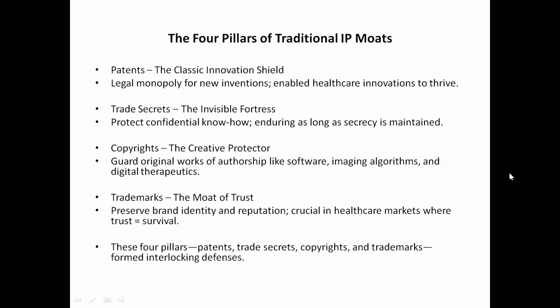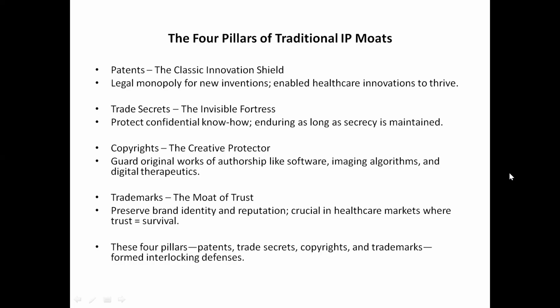How you secure your trade secret is a matter of fact. And then copyright is the creative protector. It covers software, creative articles, even music, the original works of authors, like software and other things such as AI algorithms and digital therapeutics, and many other kinds of software.